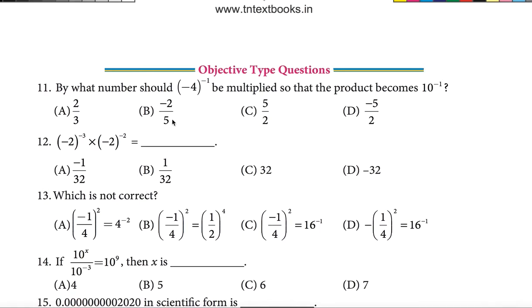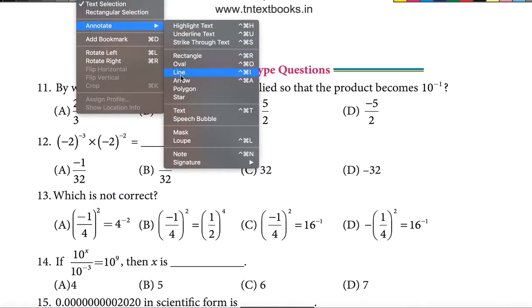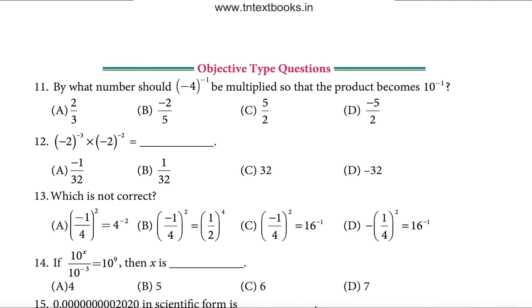So you have to multiply with minus 2 by 5 to get it 1 by 10. Minus 2 whole power minus 5. Minus 1 by 32. Which is not correct.